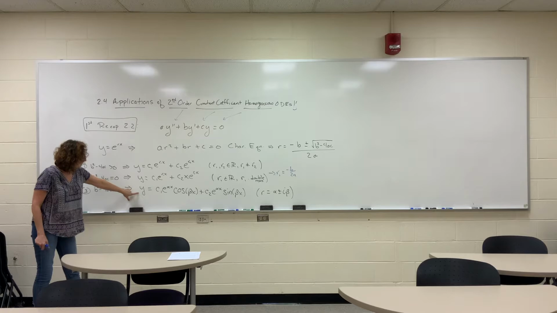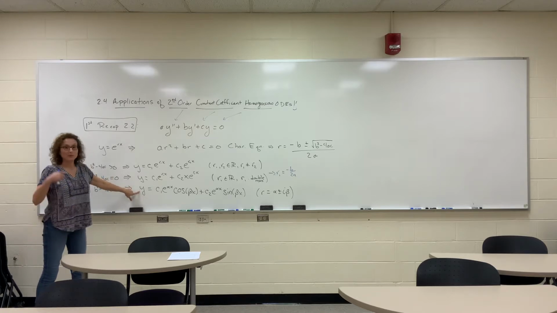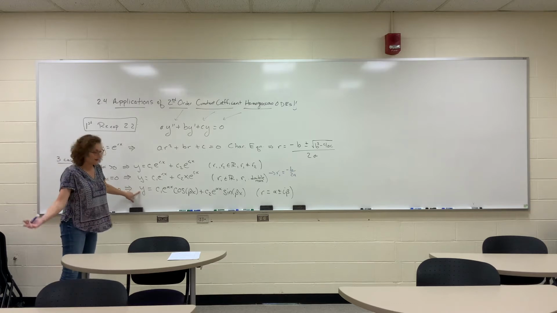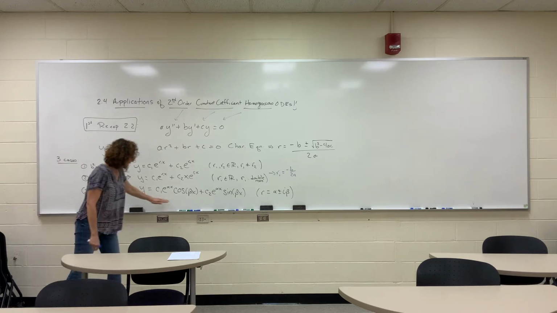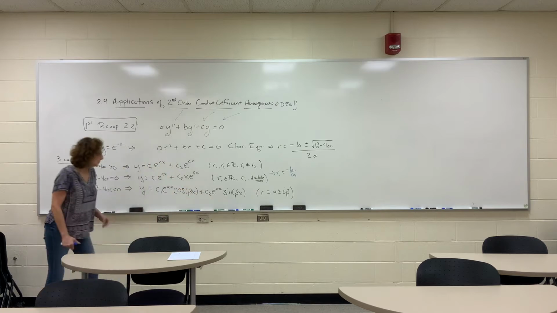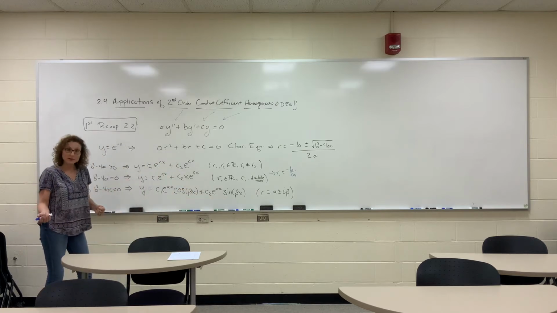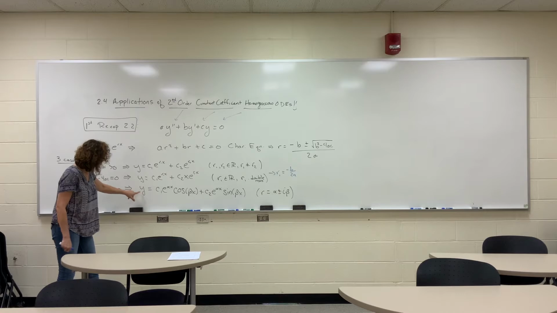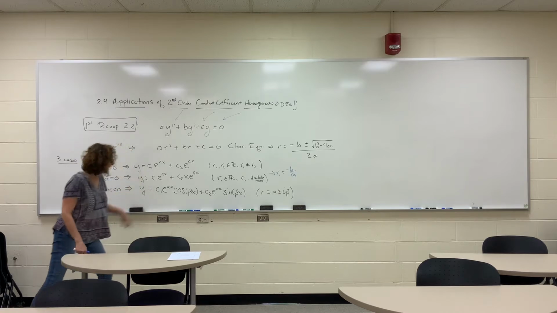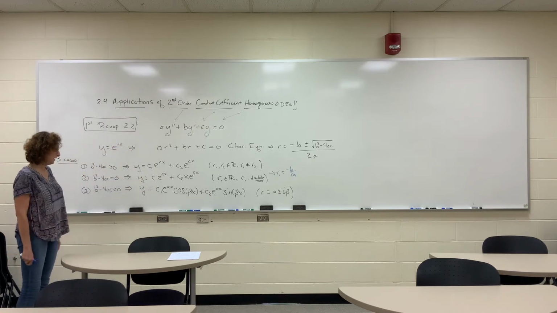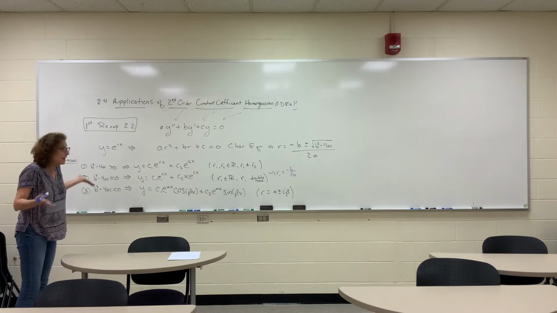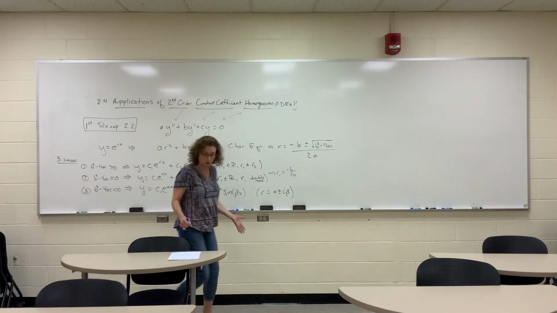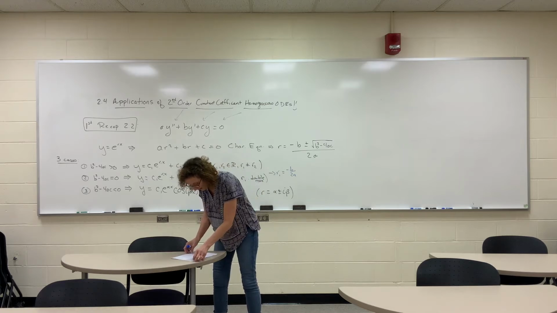So we went through a lot of work to see why these are our solutions: each one of these pieces is the real and imaginary part of a complex valued solution that we got by using Euler's formula. And the solution is c1 e to the alpha x cosine beta x plus c2 e to the alpha x sine beta x. So we've got solutions in all cases. That's pretty cool.